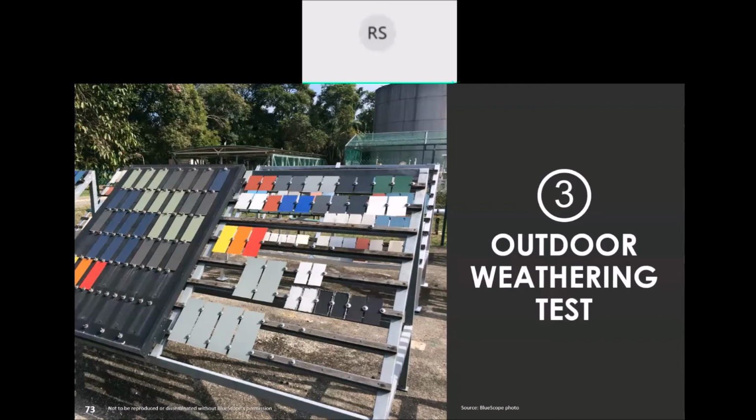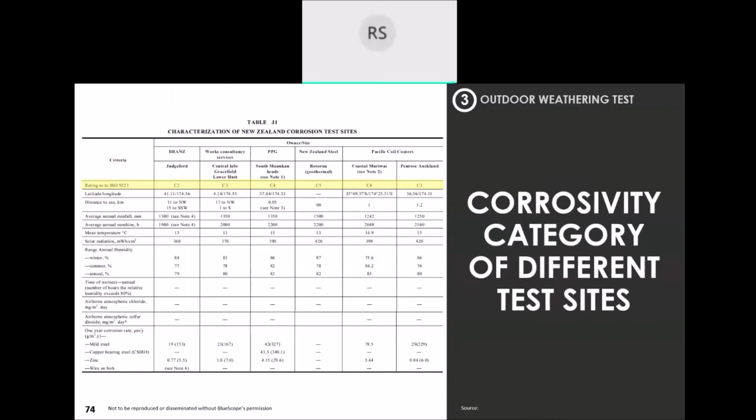And of course, the photos that you see here are of a set up in our factory in Kembla. And in actual fact, it is not just set up there, it is set up throughout our BlueScope facilities, our factories. Because the standards that were established are based in Australia, the test sites themselves can be classified in different locations, and the locations have rated corrosivity based on the ISO 9223 guideline.